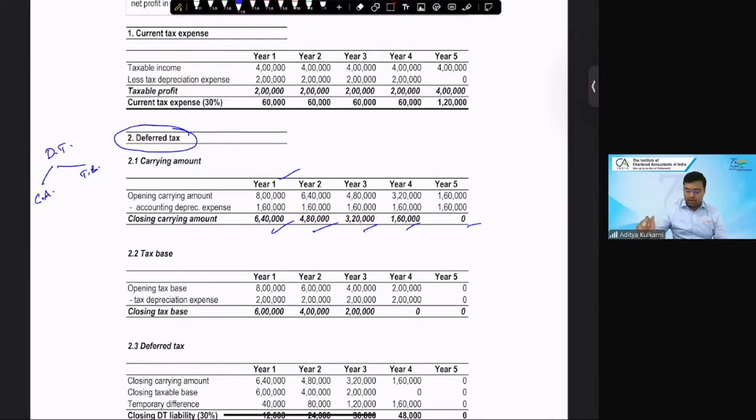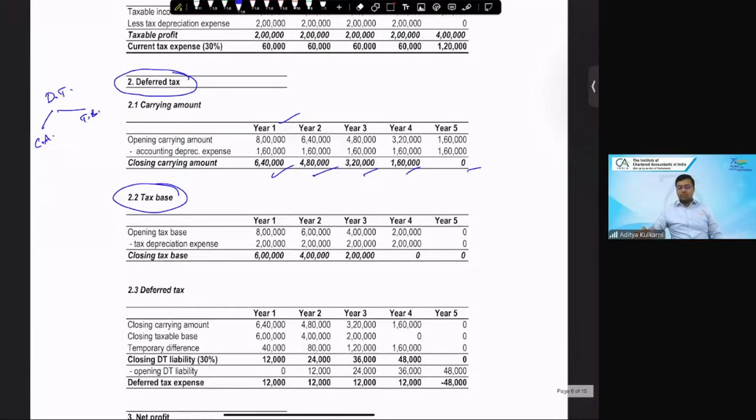All right. The next step that we calculate is known as the tax base. What is your tax base? In simple words, tax base is the value attributable to the asset or liability for tax purposes. What was carrying amount? It is nothing but the value attributed to an asset or a liability for accounting purposes. Tax base is the value attributable to asset or liability for tax purposes.